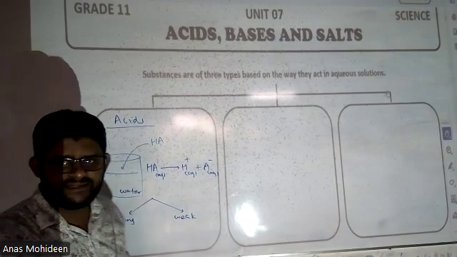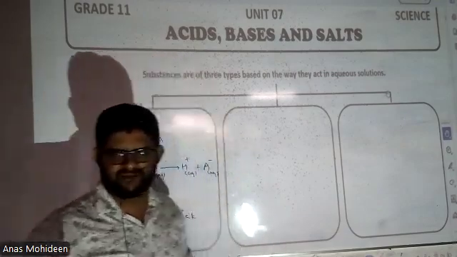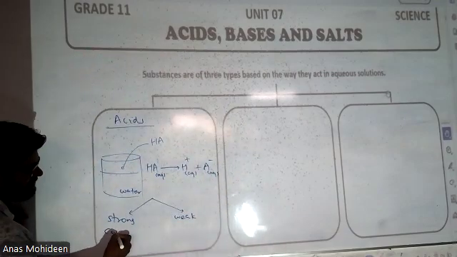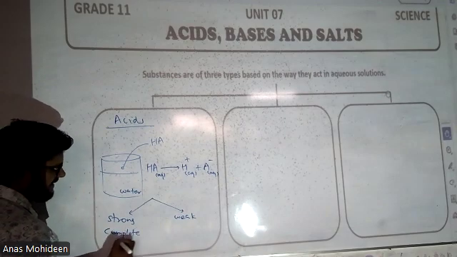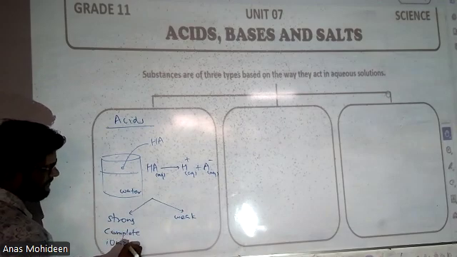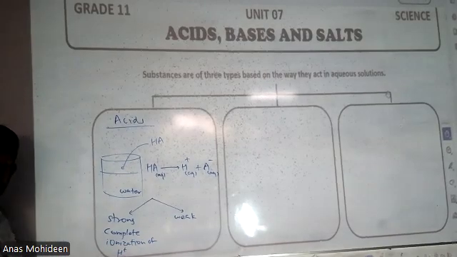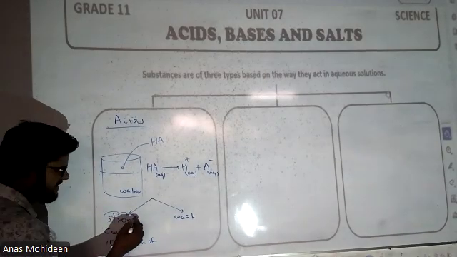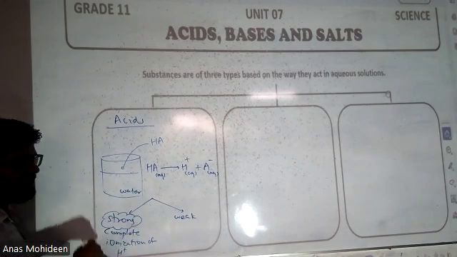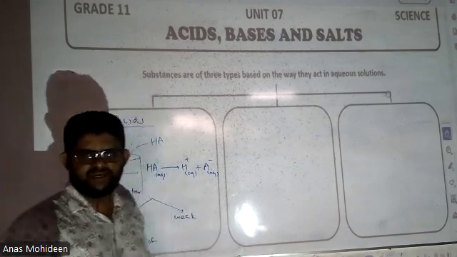So then what are weak acids? Partial ionization. This one is complete ionization of hydrogen plus. So strong acids are those completely ionizing hydrogen plus ions.